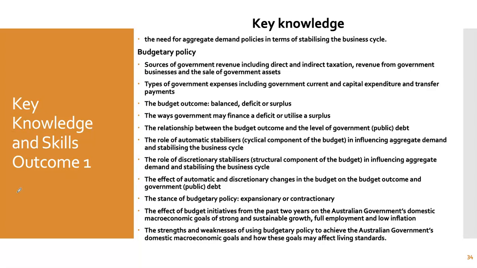Now, if we look at where this stands in our key knowledge list, this is our 5th key knowledge point. So it's going to make the assumption that you have understood previous videos or key knowledge points, and we know what budget policy is, revenues and expenses. We understand what a budget deficit or surplus is and how governments are going to have to finance that deficit and how they might utilize a surplus.